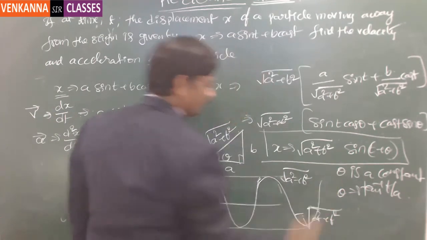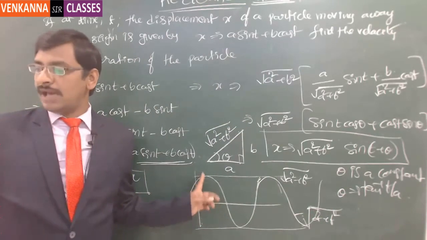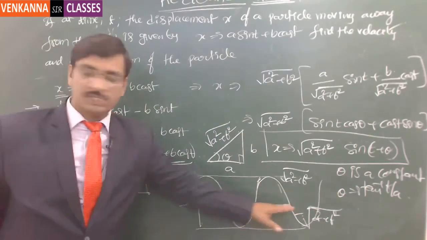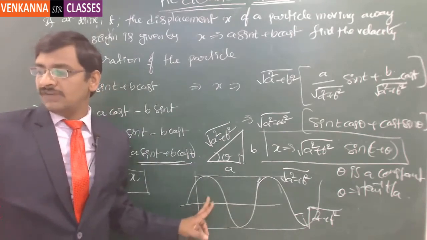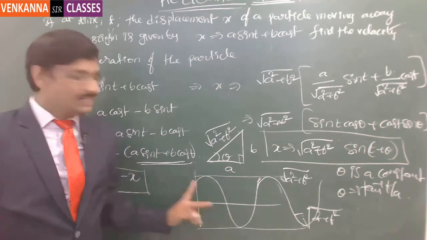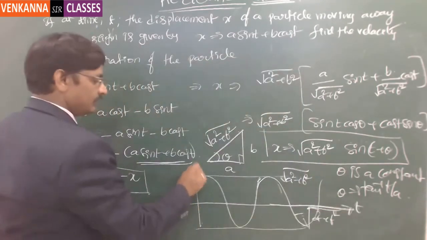So like this it keeps on varying. That means the amplitude at any instant is measured with respect to a reference point. From the middle point there will be a positive displacement and a negative displacement. So this is the time axis and this is the x axis.